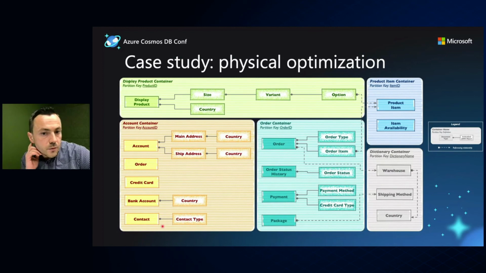Applying these techniques to our particular use case, what can we do? For one, a big thing we did here, we duplicated the orders information into account containers. That allows us to query different orders by account ID, and we don't need to do cross-partition queries for all the orders of a particular account.